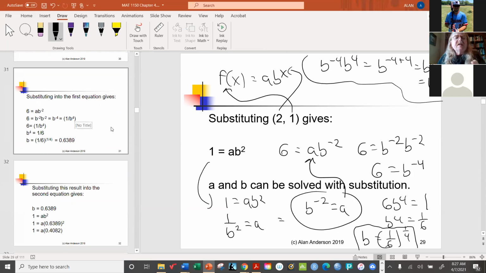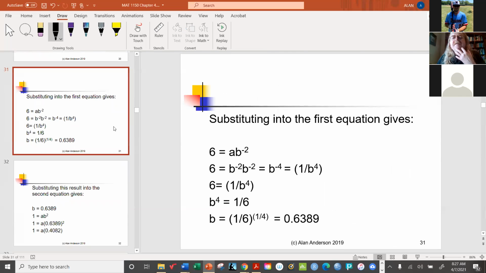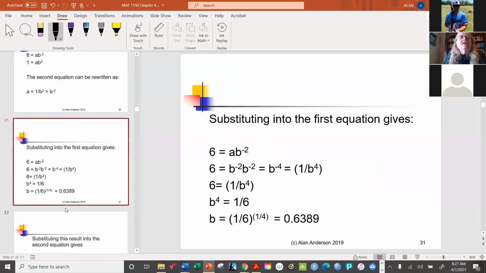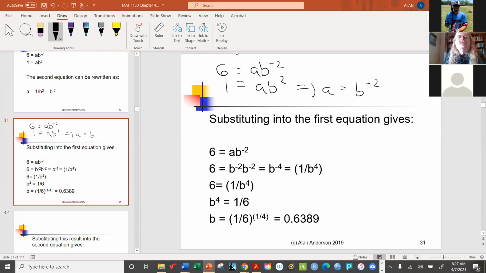Okay, so the steps are all on the next slide. Let's jump ahead to that one. So again, we started out with this. Recall that, let me just quickly add these back here. We start out with 6 equals ab to the minus 2 power, 1 equals ab squared, which implies that a equals b to the minus 2.